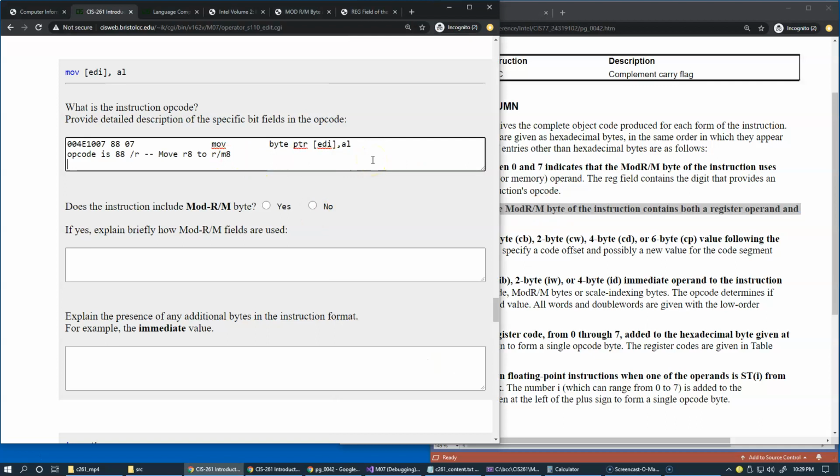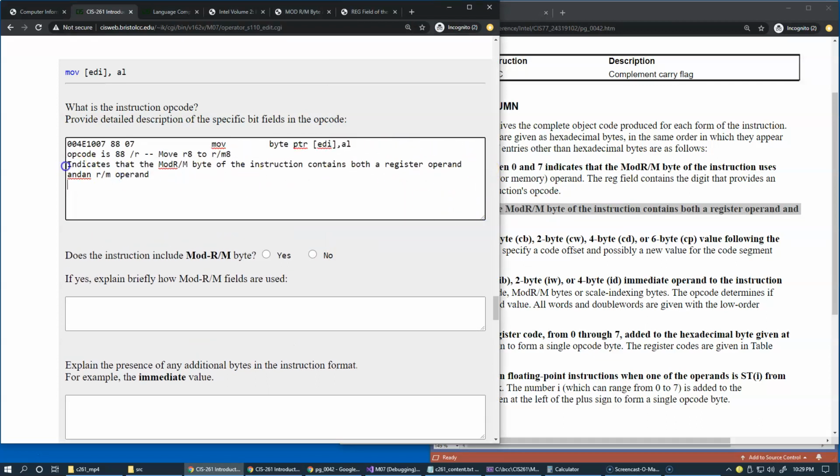Okay, so this is mode RM byte. Let's resize this. So /R indicates that mode RM byte of the instruction contains both a register operand and a register or memory operand. And right here, this is our memory operand and this is our register operand. So let's get started and find out what it is.